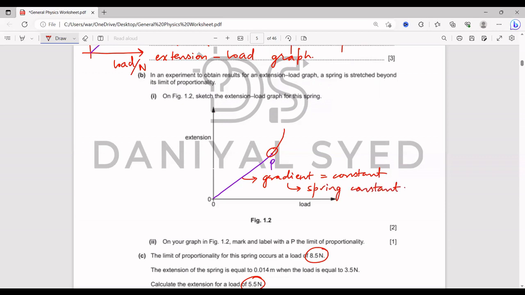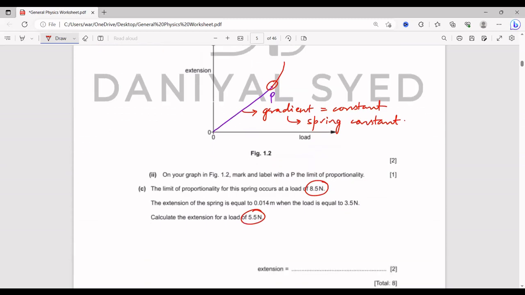Spring constant actually tells us how hard or soft a spring is. If the value of the spring constant is higher, it means the spring is hard. It is difficult to compress or stretch that spring with a higher value of K. If the value of K is low, it means the spring is easier to stretch or compress. It's a soft spring when the value of K is low.